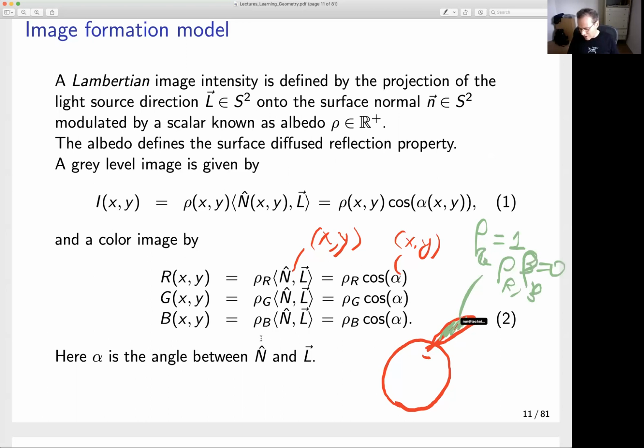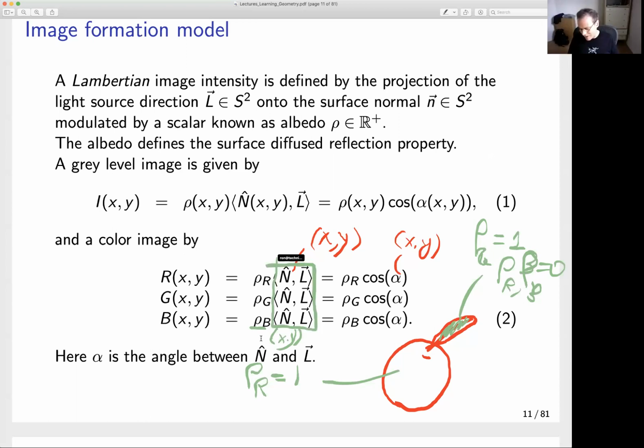And if I'm looking at the orange itself, then I would have rho of R, for example, equal to 1, assuming that the orange is red, and the green and the blue should be equal to 0. So these colors also depend on X and Y, but in a segmented sense. And these values do depend on X and Y.